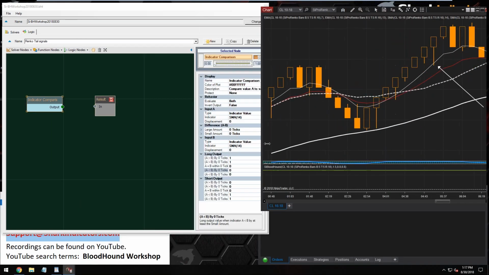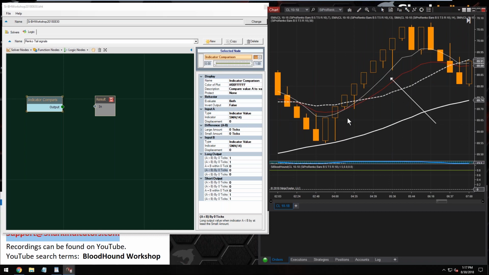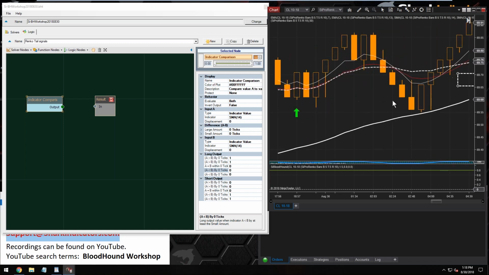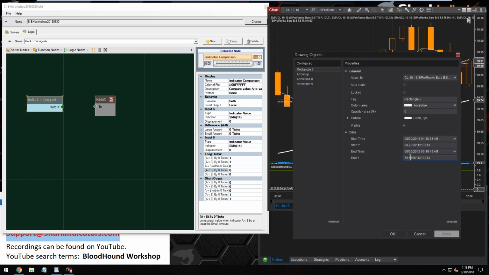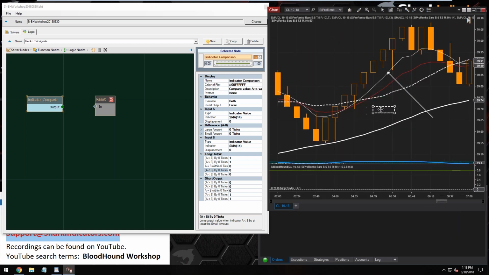Let's take a look at this little section right here. In the email, it was suggested looking for 3 tick long tails. So yeah, we'll stick with 3 ticks here. There we go. Let me grab my little measuring box. Okay, so now I have a 3 tick high box. So that one doesn't count. There we go. So this one counts.